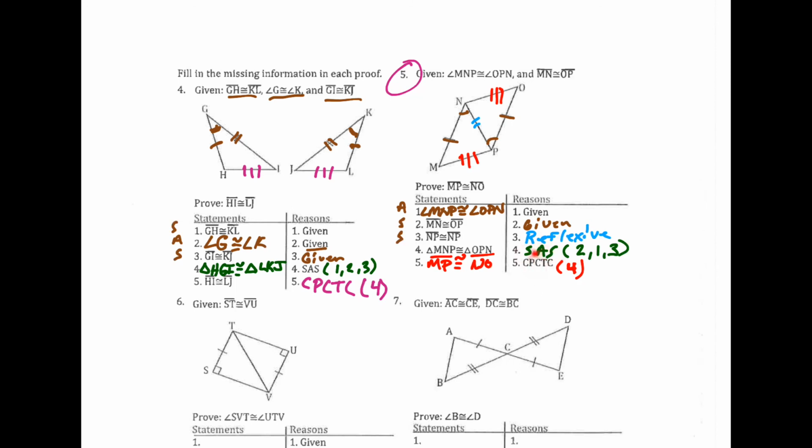So we're good here with side, angle, side, step 2, then step 1, then step 3. And once we have our triangles congruent, we can then do what we're trying to do, which is prove that these segments are congruent. So segment MP is congruent to segment NO, and that's going to be our corresponding parts of congruent triangles are congruent in step 4.